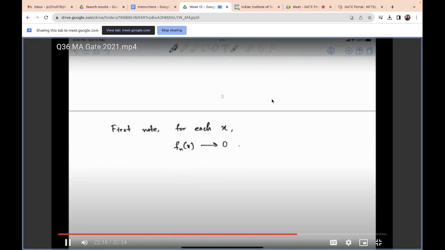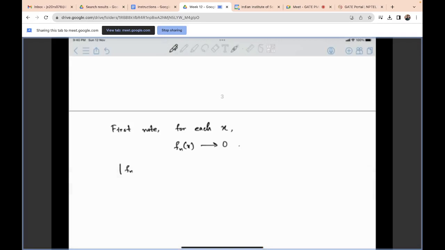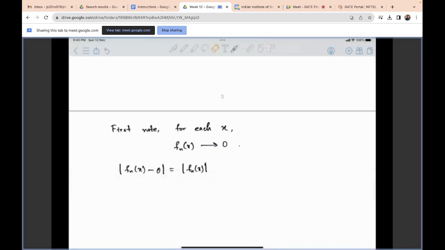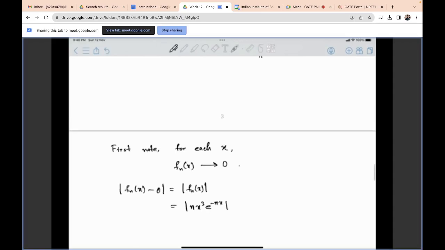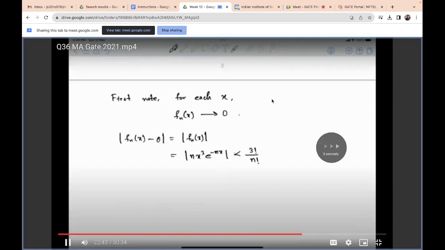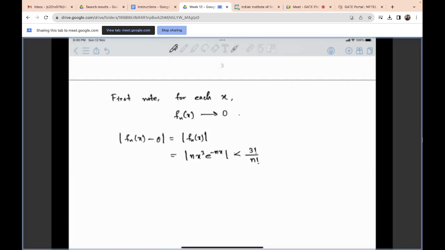So that this is uniformly convergent to 0 means, n x cube e to the power minus nx, and what we have got is that n x cube e to the power minus nx is less than 3 factorial by n square. Note that this is x independent, right? So this does not depend on x, and sorry, this is n square.